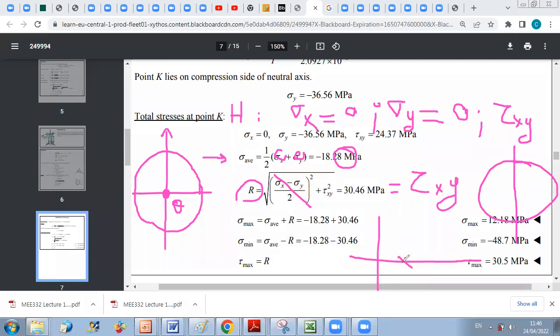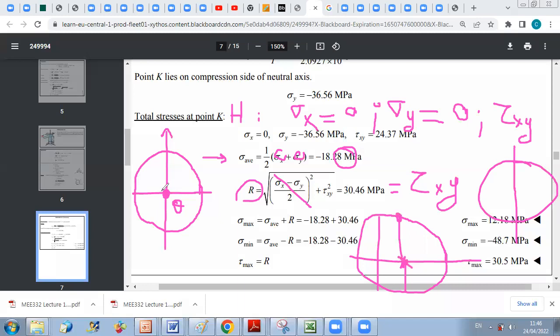If sigma average is different than 0, we can draw the corresponding circle. And tau max will be here. It will be equal to the radius, and tau max will correspond to sigma average. So in general, maximum shear does not have to correspond to 0 normal stress.